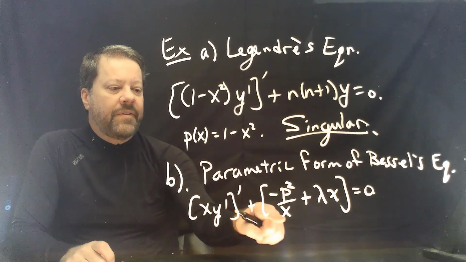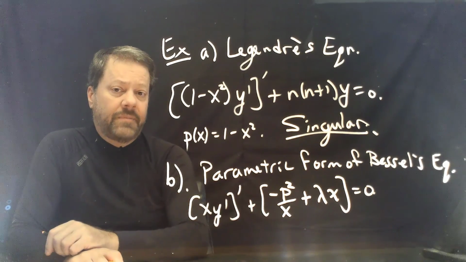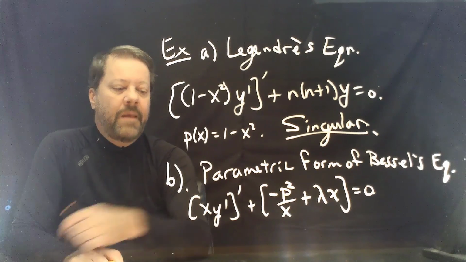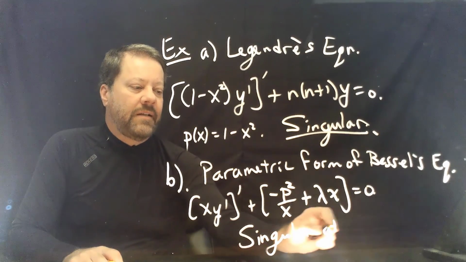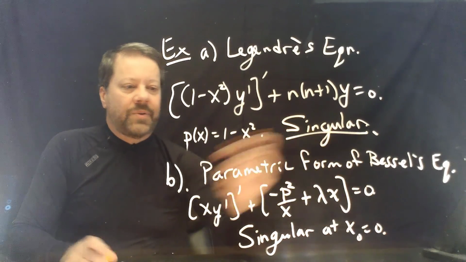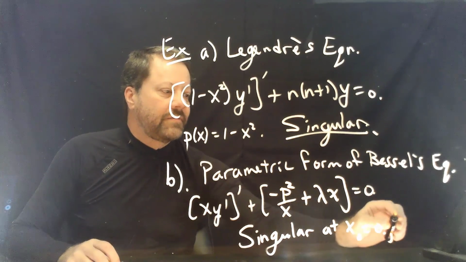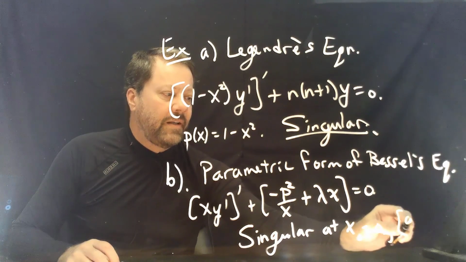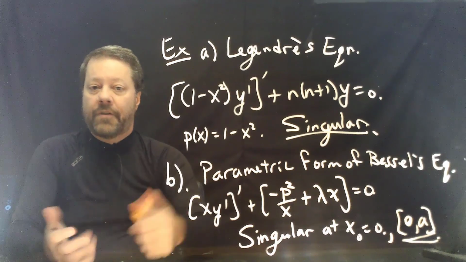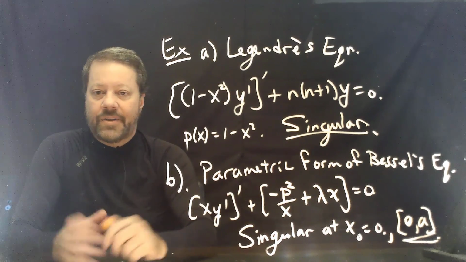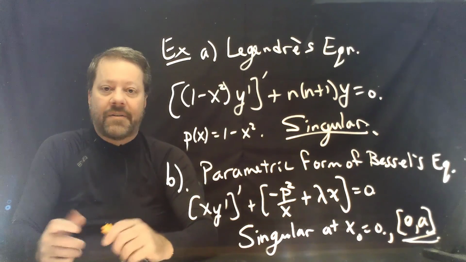Now you can see that both the function q and p can be 0, q is singular, has a discontinuity at 0. So this problem is also singular at x naught equals 0. Here, our interval will be from 0 to a, the typical interval that we've used for expressing solutions to our, say, vibrating drumhead on a disk, etc.